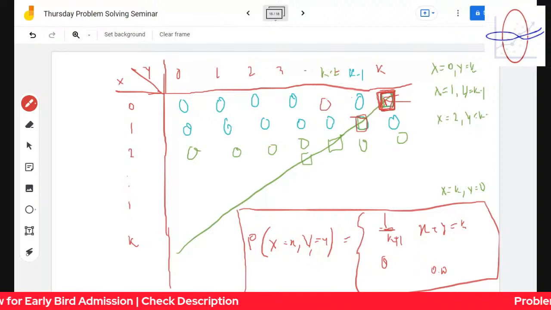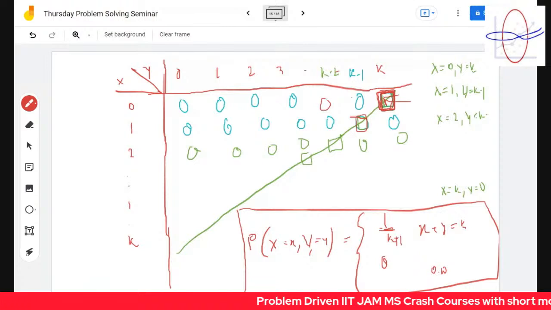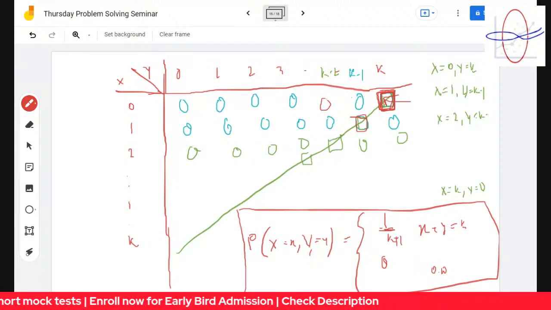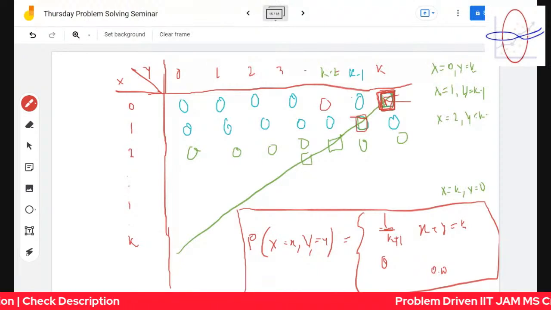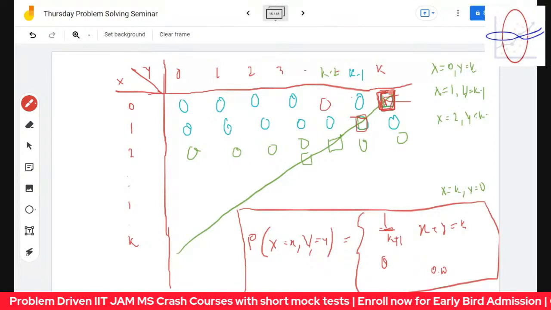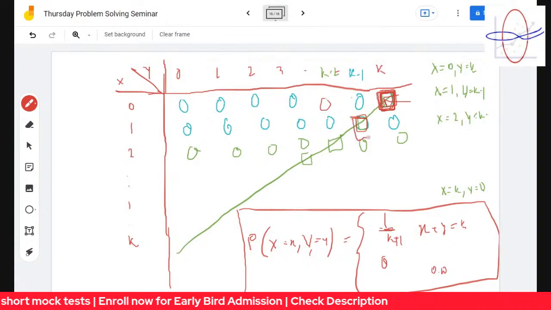Why are these two different probabilities?